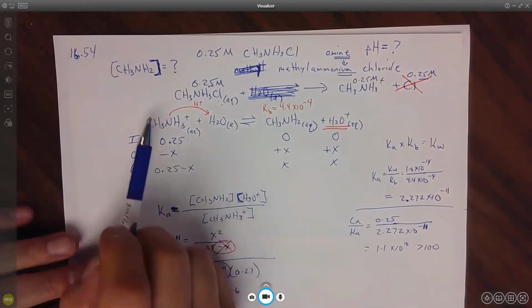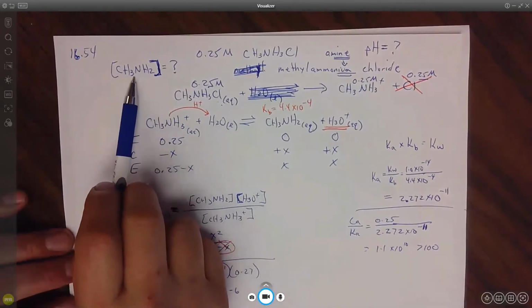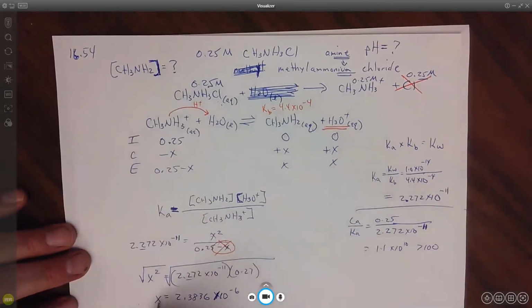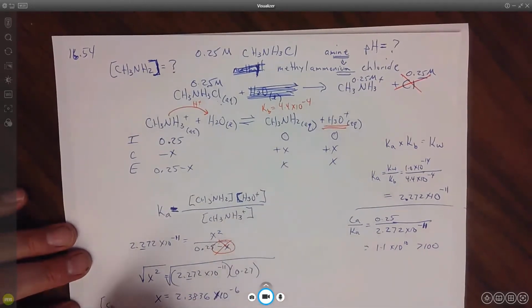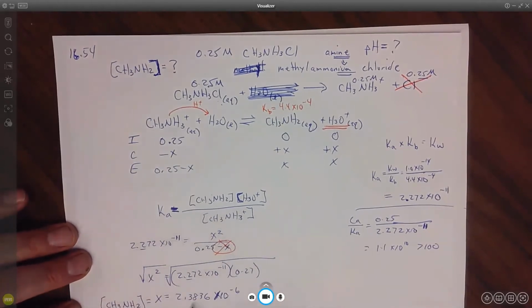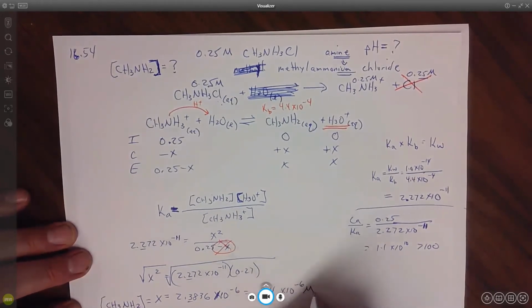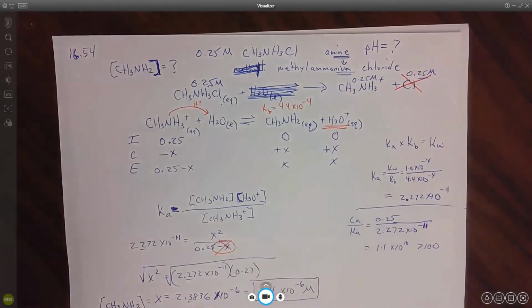The first part simply asks, what is the concentration of the methylamine? Well, that is X. Now this only has 2 sig figs, so the concentration of methylamine is 2.4 times 10 to the negative 6 molar.